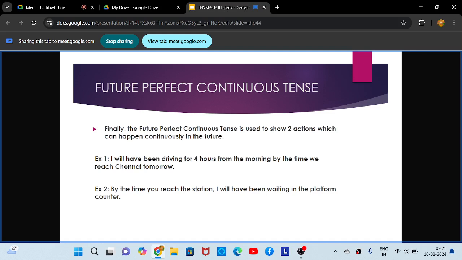Now moving to the second example. By the time you reach the station, I will have been waiting in the platform counter. I repeat, by the time you reach the station, that is before you reach the station, I will have been waiting in the platform counter.